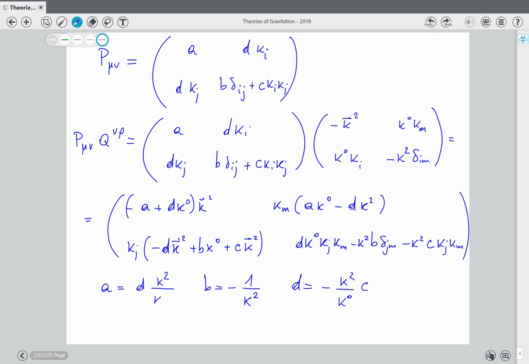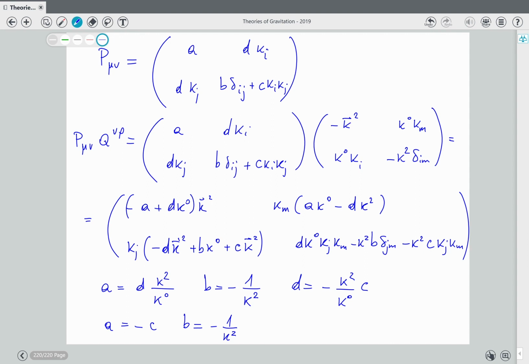So let's first combine these three. We remember there are still these two conditions to be used. So that is a k0. So in particular, a is equal to minus c, I guess, because d is equal to that. Yes, b is equal to minus 1 over k squared.